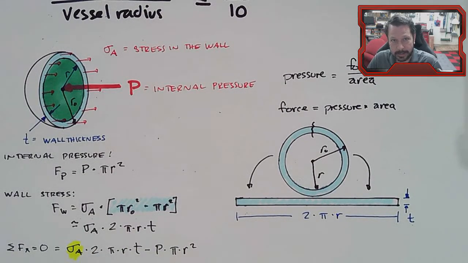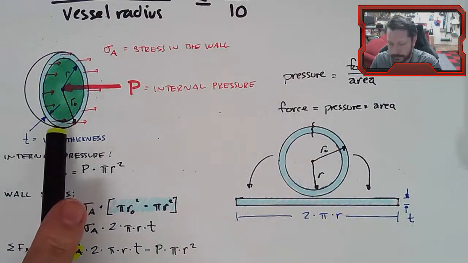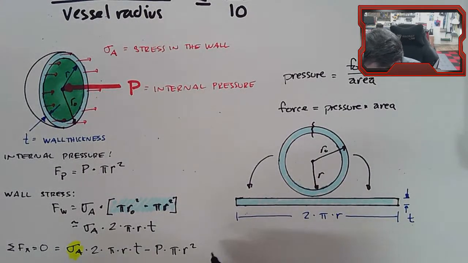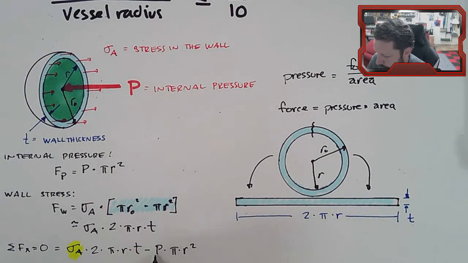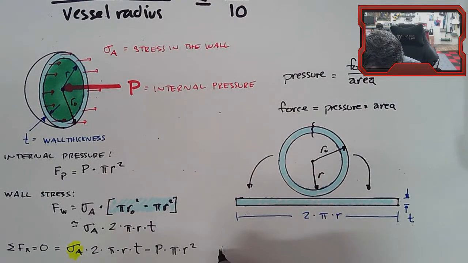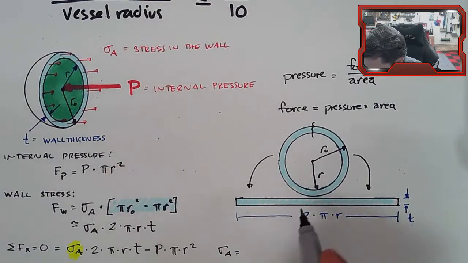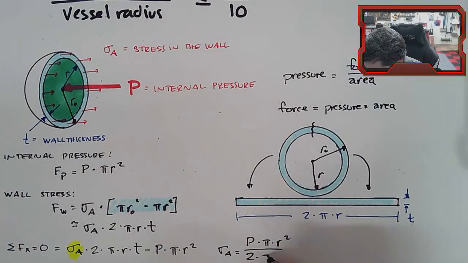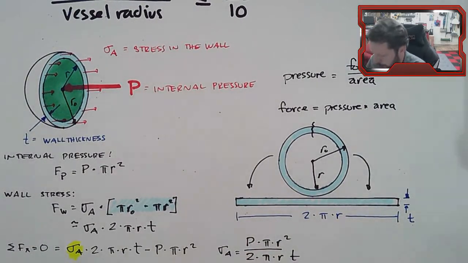That's the one I want to monitor to make sure it doesn't exceed the yield strength of the material I made this from. So I'm going to solve this equation for sigma A. That basically just means move this to the other side of the equal sign and divide by this. So sigma A equals, let's do it one step at a time, P pi R squared over 2 pi R T.